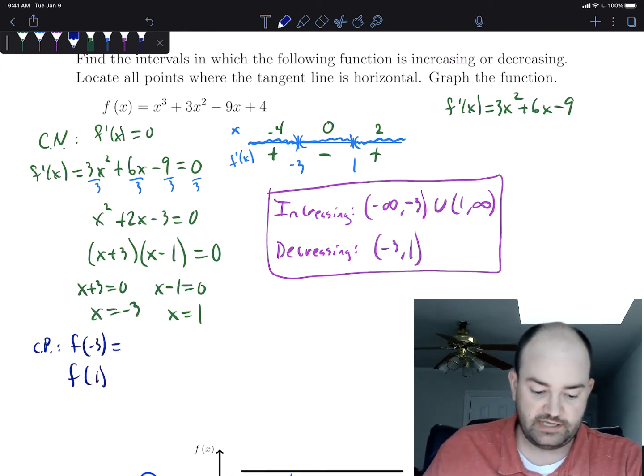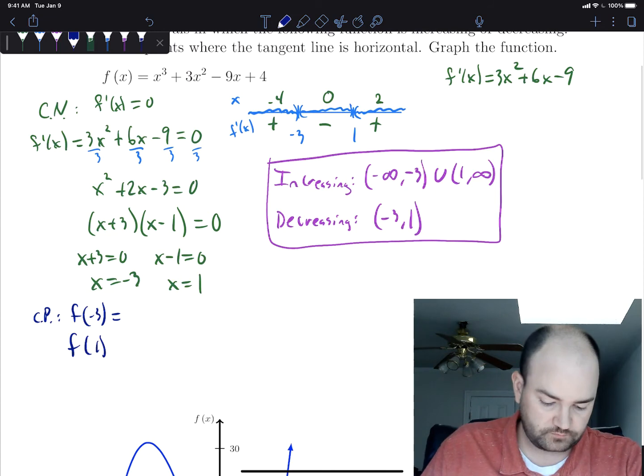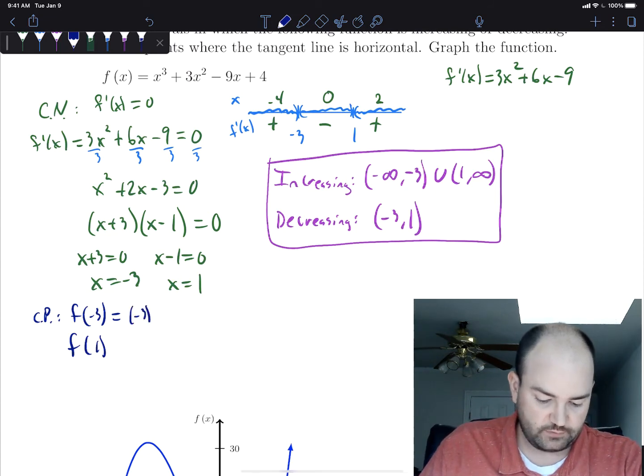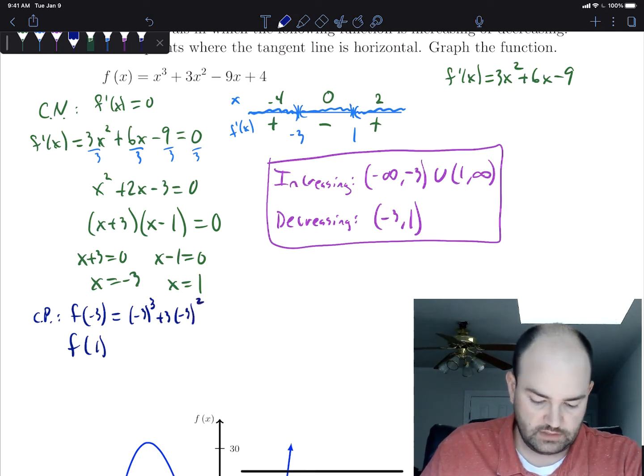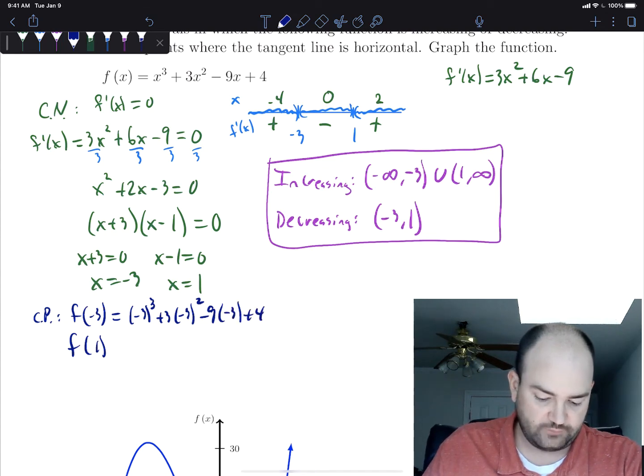That means you plug in -3 into the original function, which gives me -3 cubed plus 3 times -3 squared minus 9 times -3 plus 4.